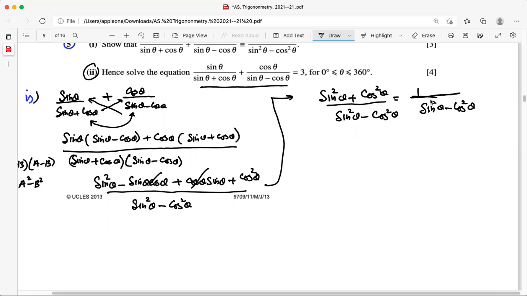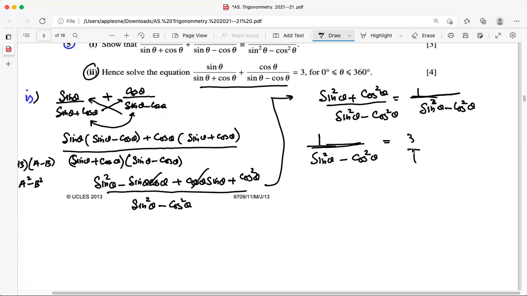Like this is sine, that's cos. So you cannot solve this: 1 over sine square theta minus cos square theta equal to 3. If I try to solve this, it will not be possible.